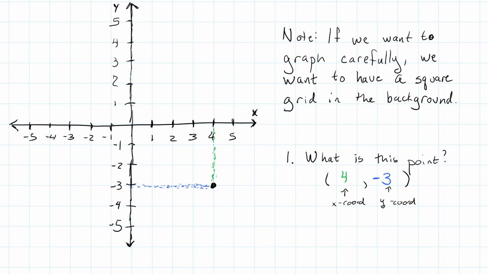Okay, so we might encounter a point and want to find out what it is. We might also want to sketch a point that we know about. To sketch the point 4, 1, well, 4 is the x-coordinate. I'm going to find 4 on the x-axis. Every point on this line that goes through 4 has x-coordinate 4.